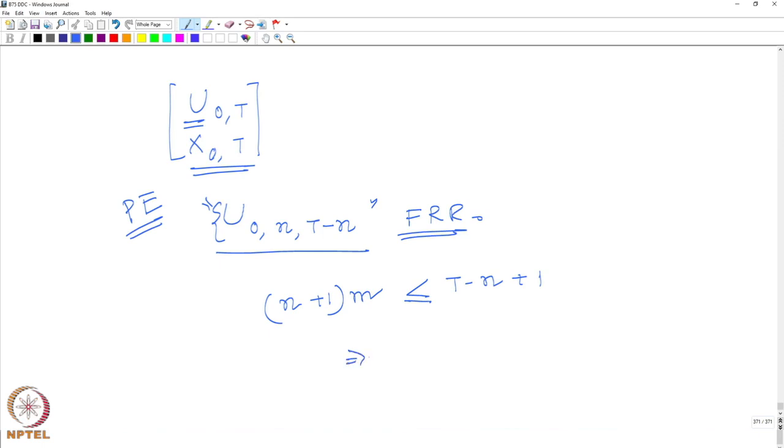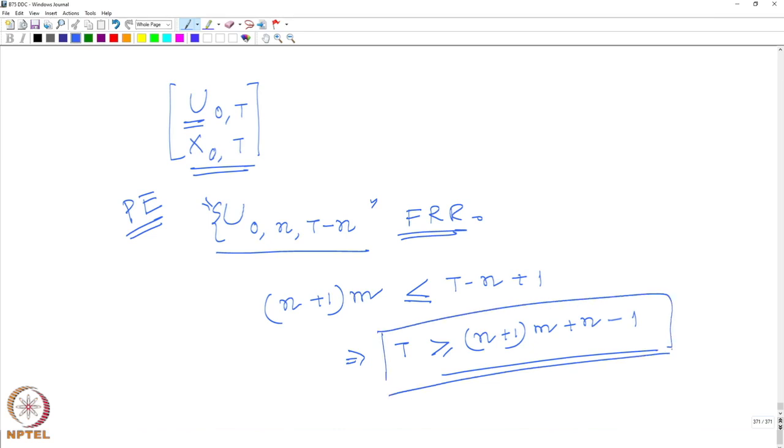Therefore, t must be bigger than or equal to (n plus 1) times m plus n minus 1. That is the bound on t, but if that is true, then obviously t is bigger than or equal to m. So, this matrix being full row rank is not a problem when we assume this is persistently exciting. So, t is not a problem at all.